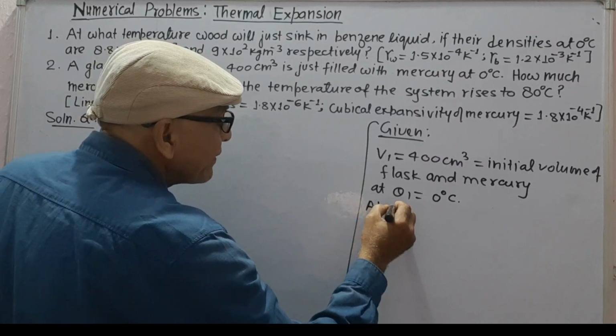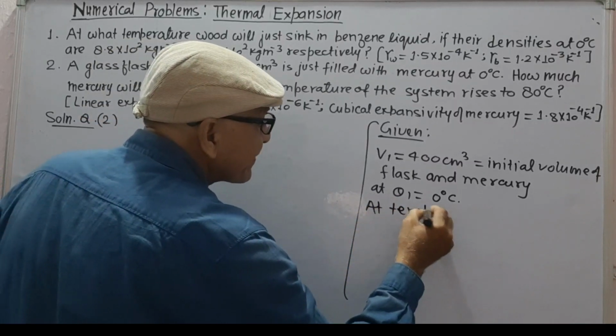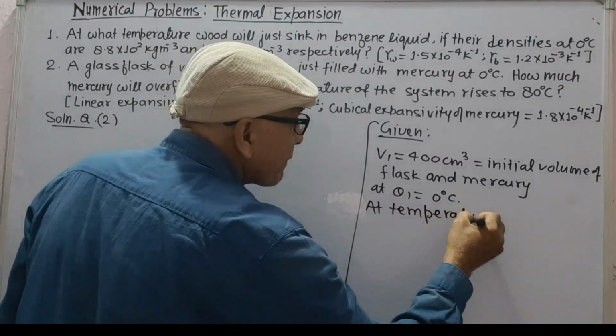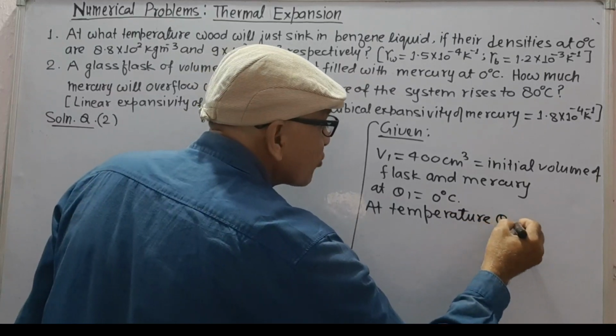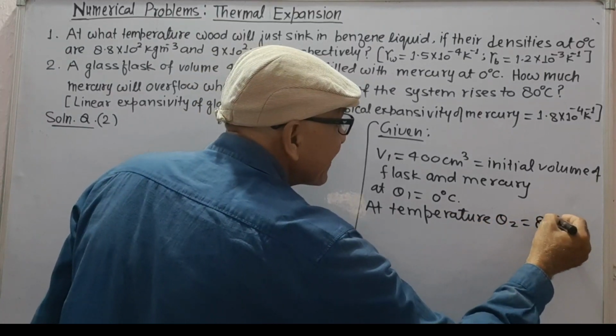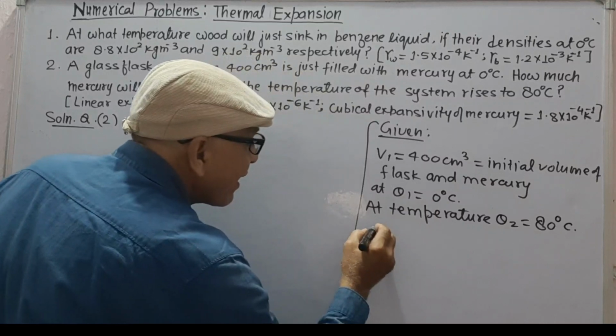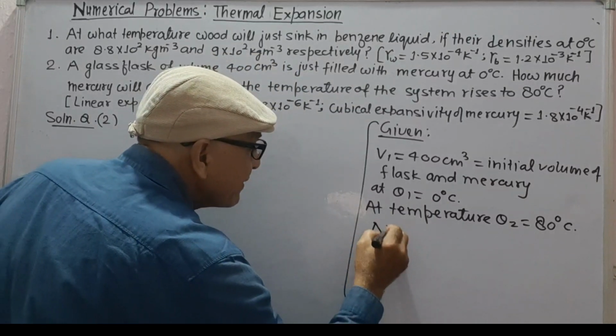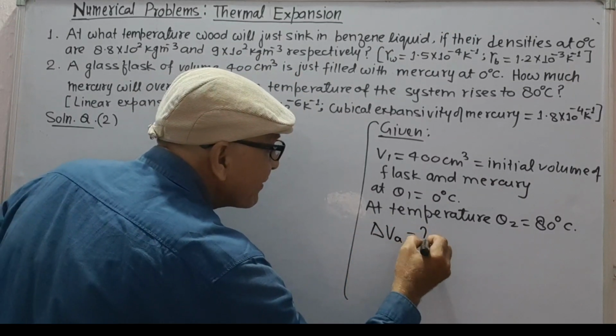At temperature theta 2 is equal to 80 degree Celsius, delta V apparent will be how much?